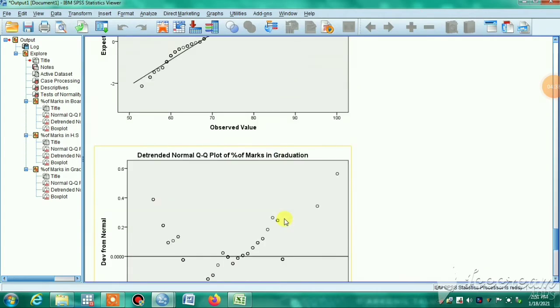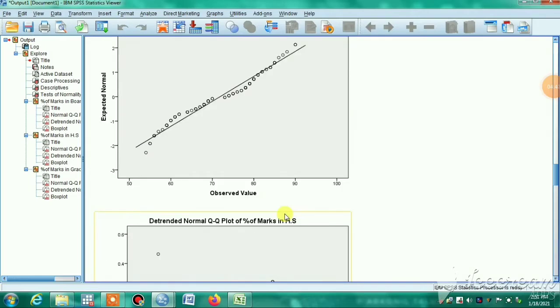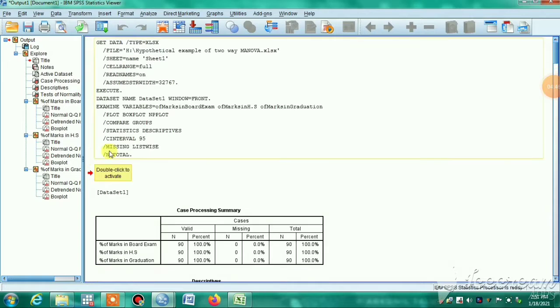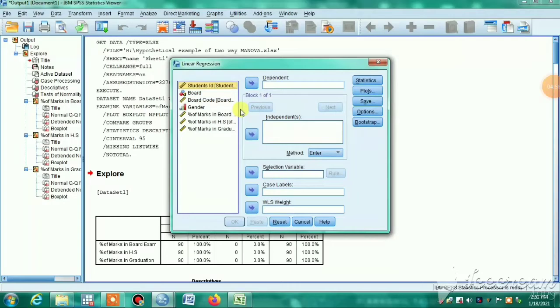Another way to check multivariate normality is the existence of outliers, and this can be done with the help of Mahalanobis distance. For this we go through: Analyze, Regression, Linear Regression.